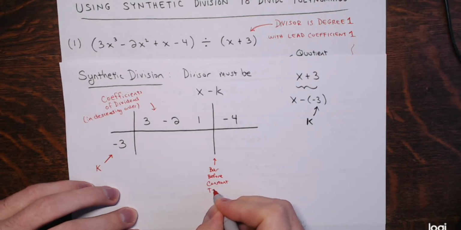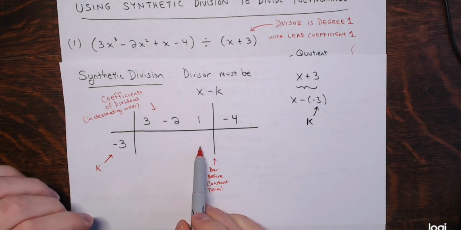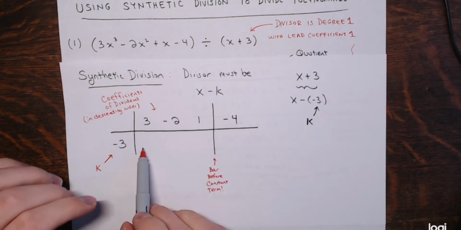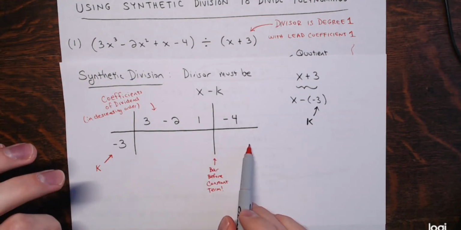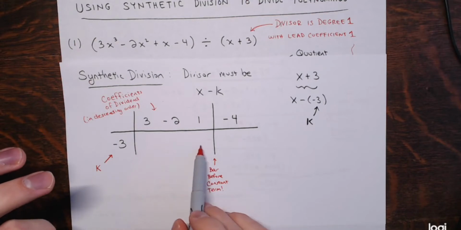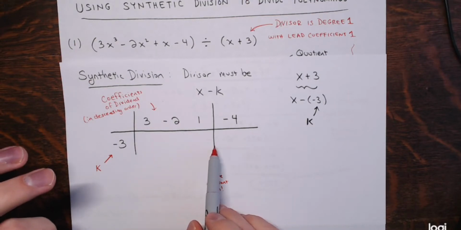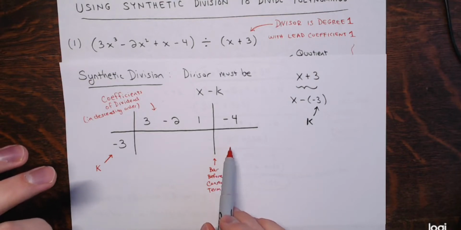The reason I put that is to separate the coefficients of the quotient from the remainder down here. When we're done with the whole procedure, the numbers in this bottom row, between the 2 bars, will be the coefficients of the quotient in descending order, and to the right of the bar you'll have the remainder. I'll get to all that in a second.